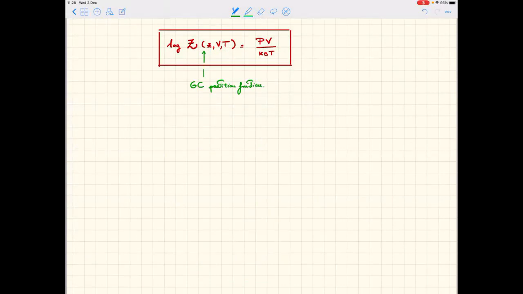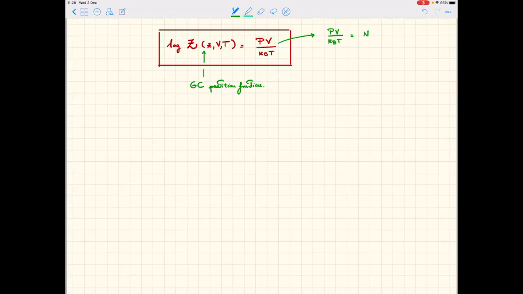Let's write it. Grand canonical partition function. So while the log of the canonical partition function was giving me the Helmholtz free energy, the log of the grand canonical partition function is giving me the ratio PV over KBT. And this ratio is important because, for example, for the ideal gas, we know that PV over KBT is equal to N, right?